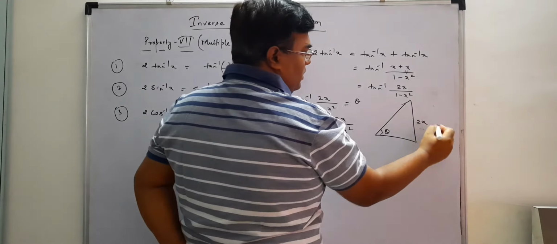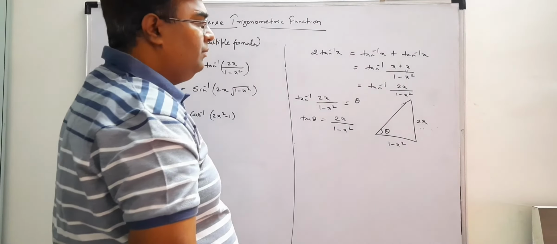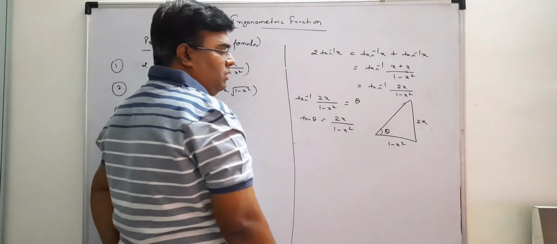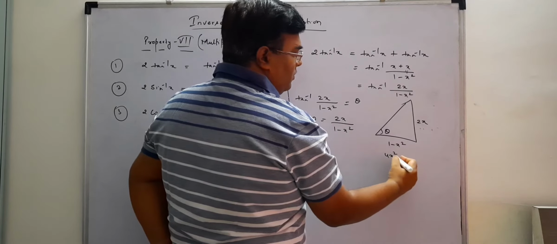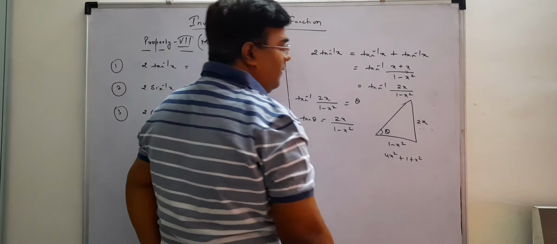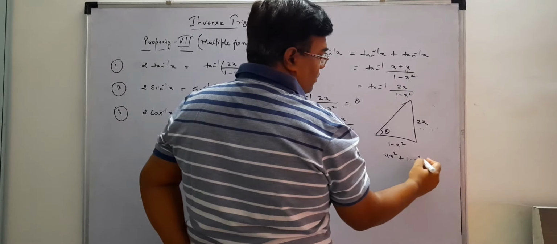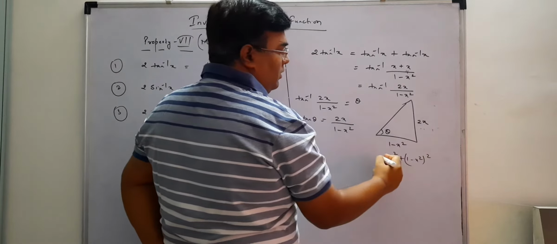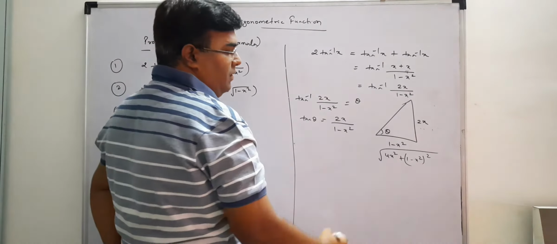This is my 2x, this is my 1 minus x square, correct? If you apply the Pythagoras theorem, what will happen? It is 4x square plus (1 minus x square) whole square, right? Like this.